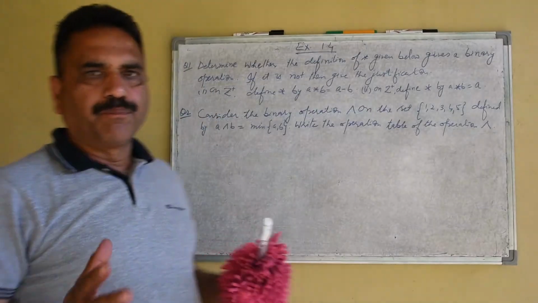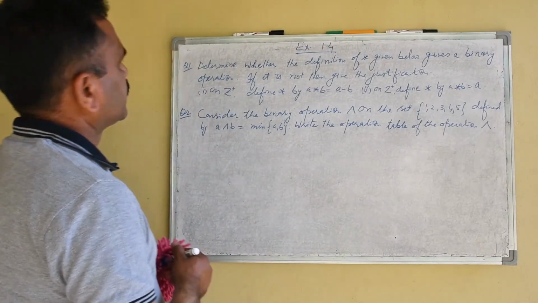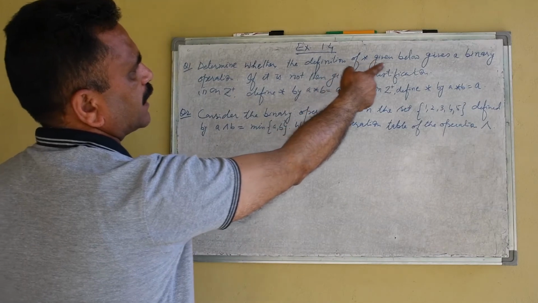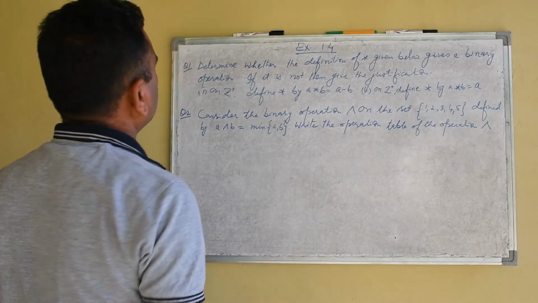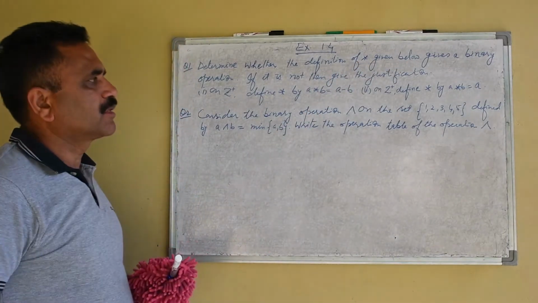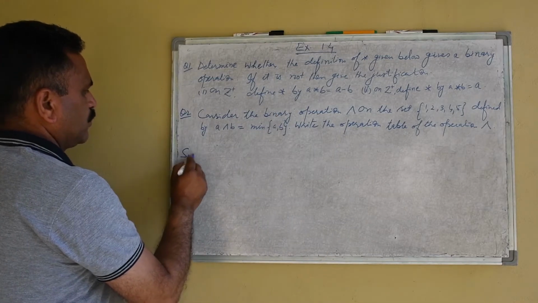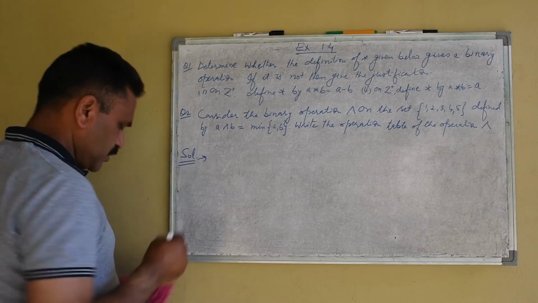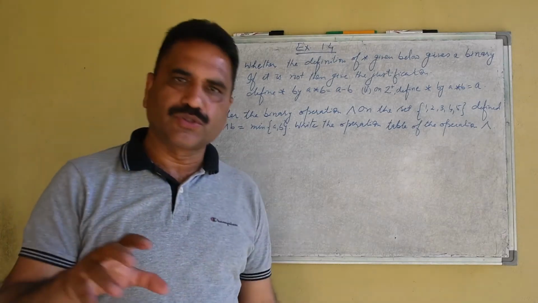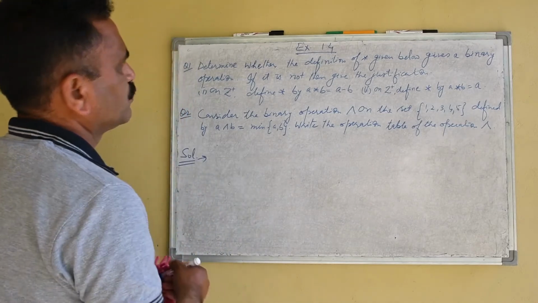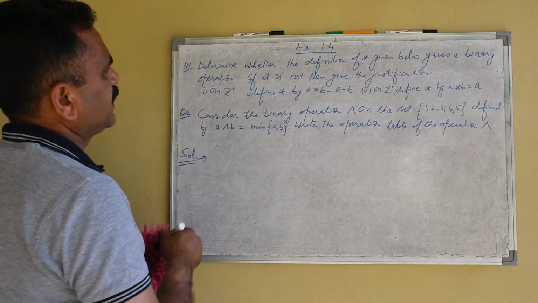We will do some problems based on binary operation. So first is: determine whether the definition of star given below gives a binary operation. If it is not, then give the justification. So it is closed if a, b belong to A and a star b belongs to A. We have seen it is defined then.